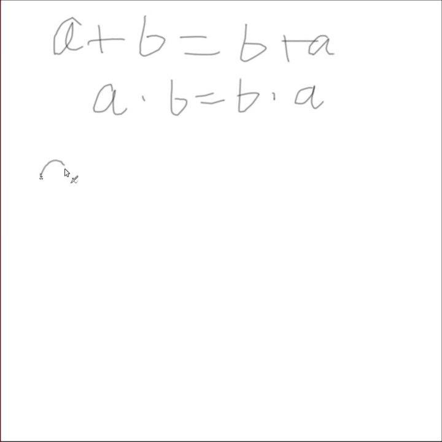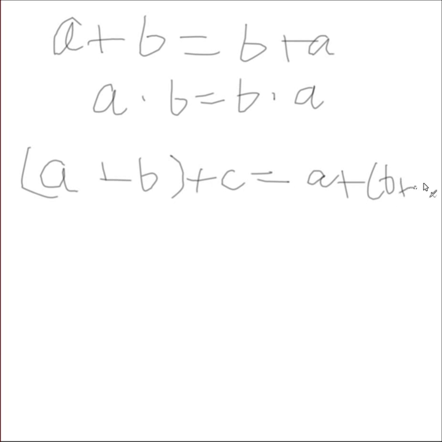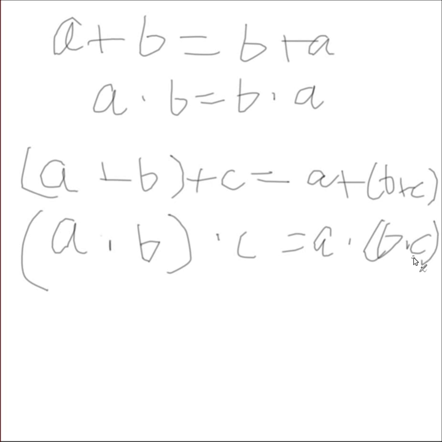And associative: a plus b plus c equals a plus b plus c with the parentheses shifted, and it's the same thing: a times b times c equals a times b times c, with the parentheses shifted.